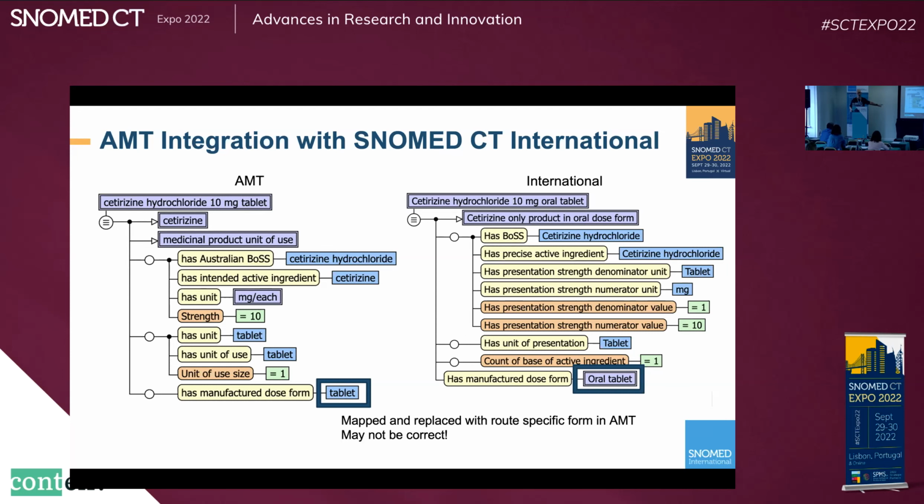AMT concepts look like that, and international concepts look like the right-hand side. And so the ECL doesn't actually work very well across those two things, even though they're equivalent. And I think this is just an omission in the ECL or the necessary normal form calculation rules, which I think we can address.